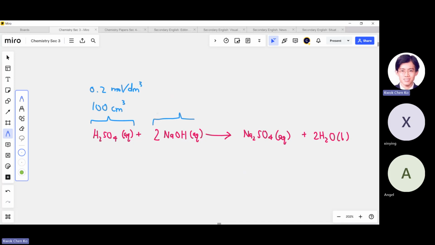Then they'll give you 50 cm cube of sodium hydroxide and concentration 0.5 mole per dm cube.